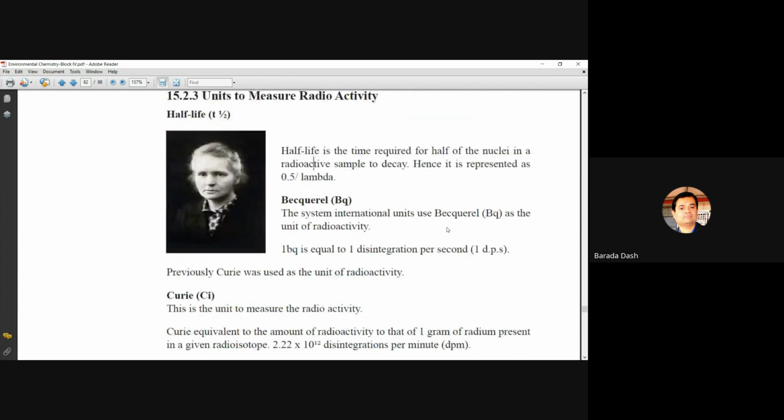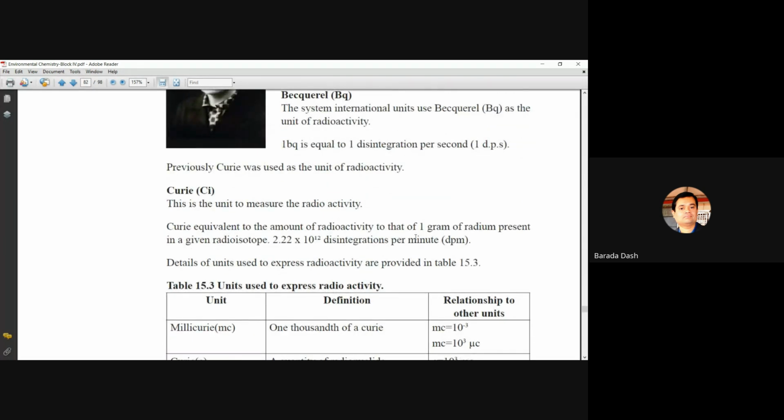Previously, Marie Curie, Madame Curie, was the discoverer of radioactivity, and before the becquerel, the curie was used as the unit of radioactivity. Curie, Ci, is another unit of radioactivity.